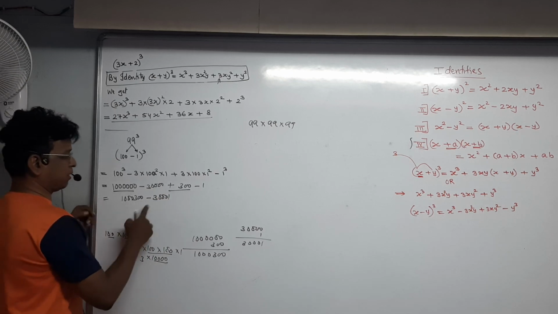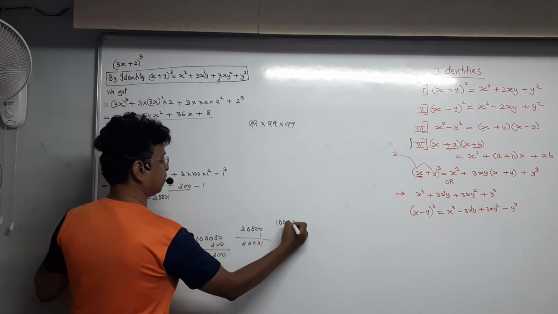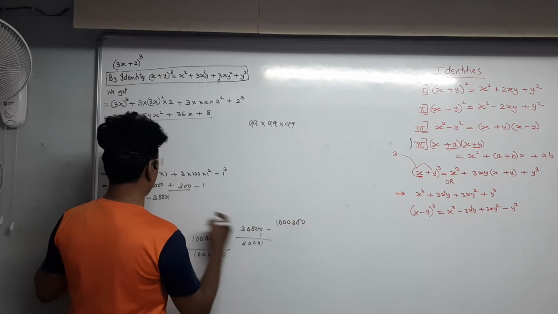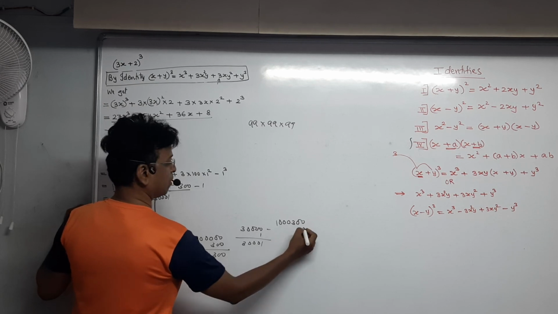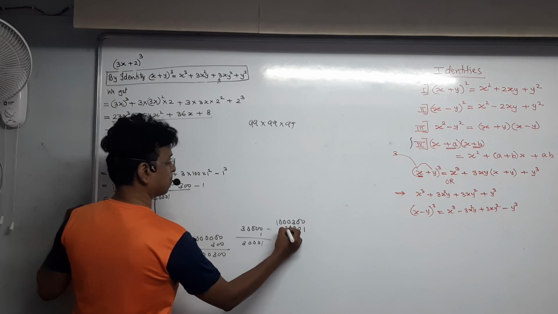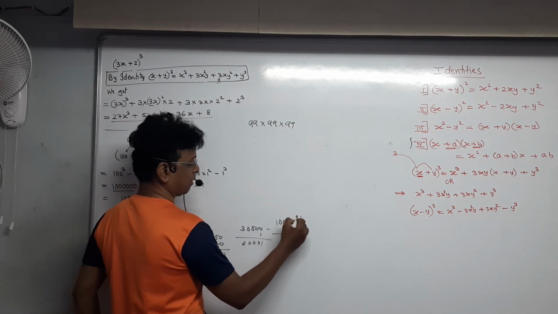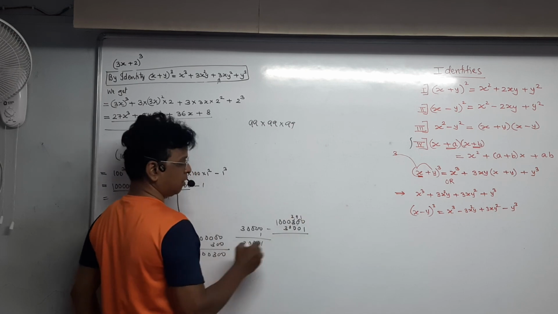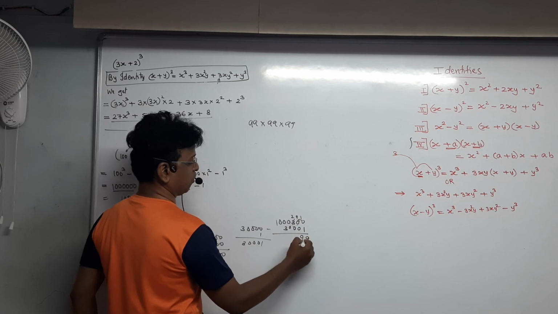Now how do I subtract the two? 1,000,000 minus 29,701. 10 minus 1, 9. 9 minus 0, 9.